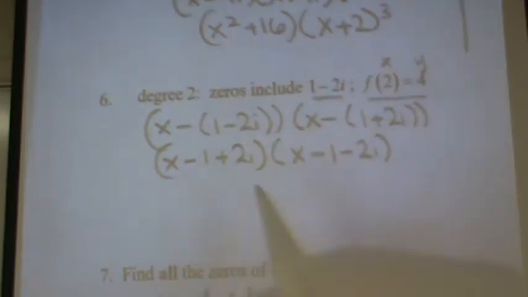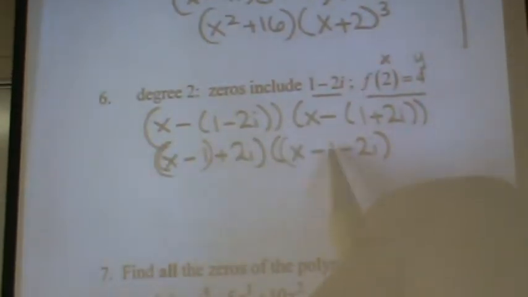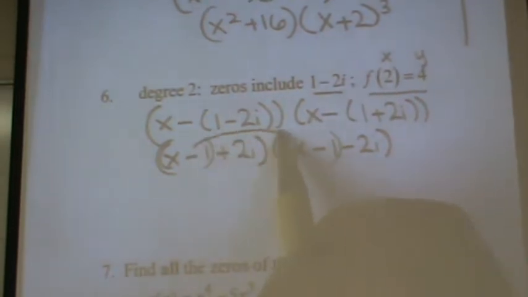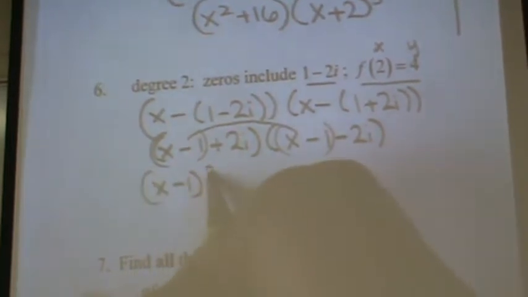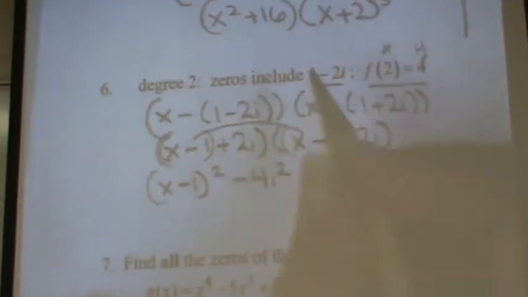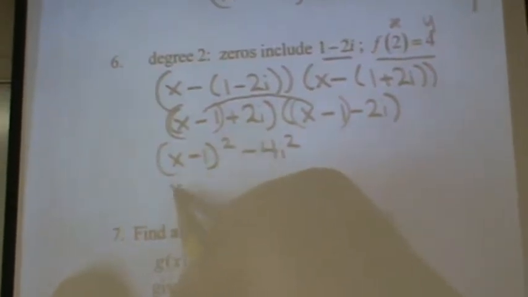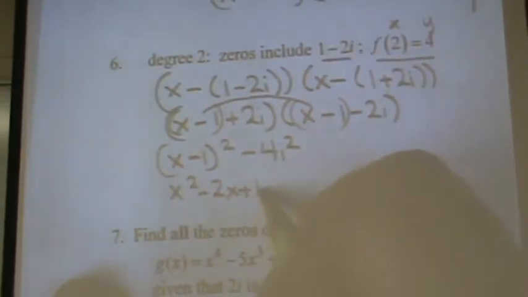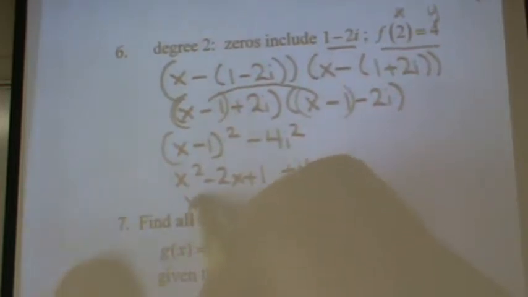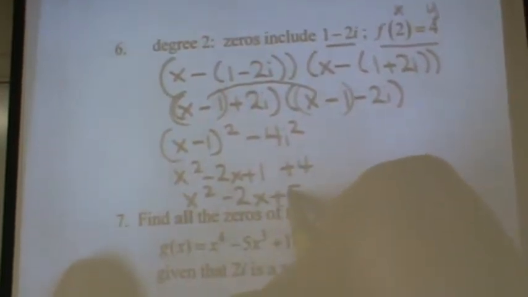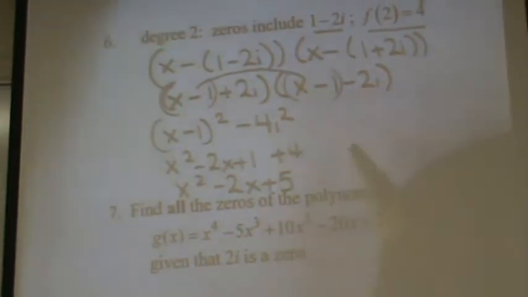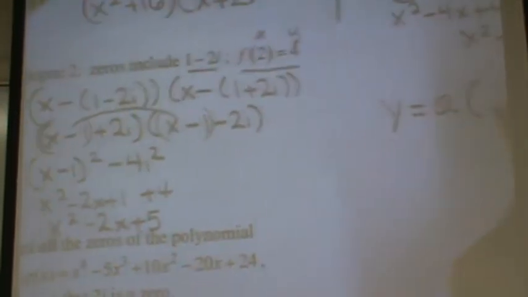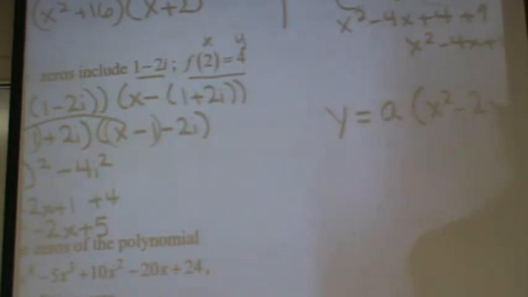Regroup these. Okay, FOIL. What's x minus 1 times x minus 1? Minus 4i squared, okay? So, FOIL this: x squared minus 2x plus 1, and then plus 4. Does everybody have that part right there? Now what you're going to do is write y equals a, and then x squared minus 2x plus 5.